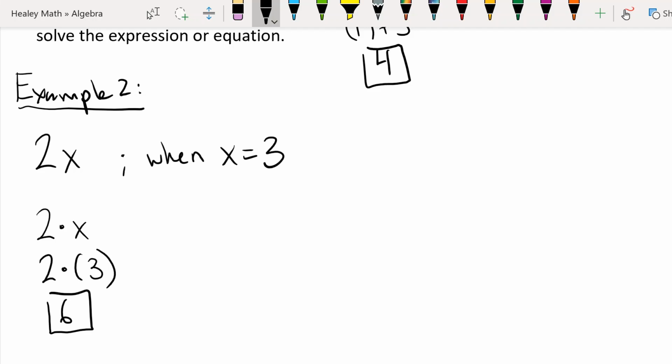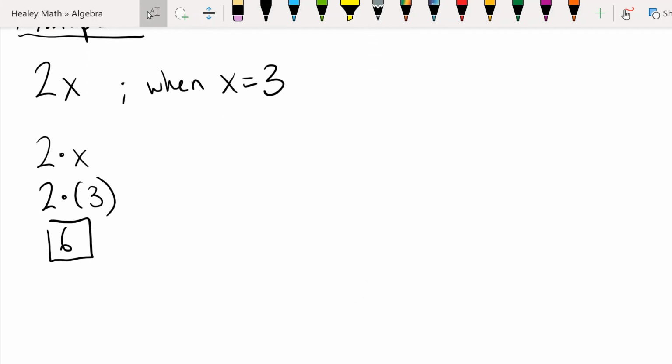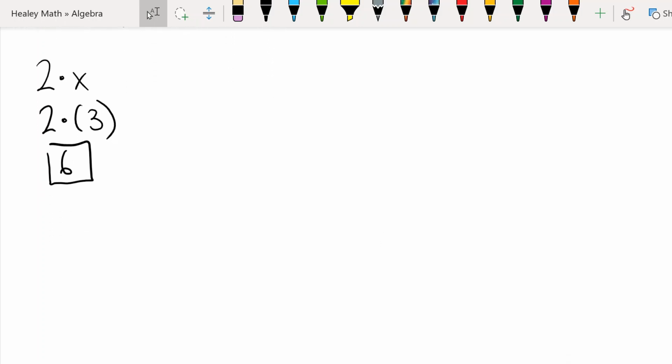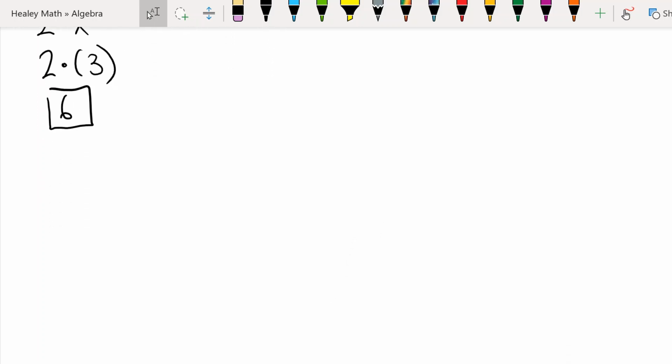Once we get into longer expressions, we always follow BEDMAS when evaluating expressions. Let's take a look at a bigger question. So example number 3.